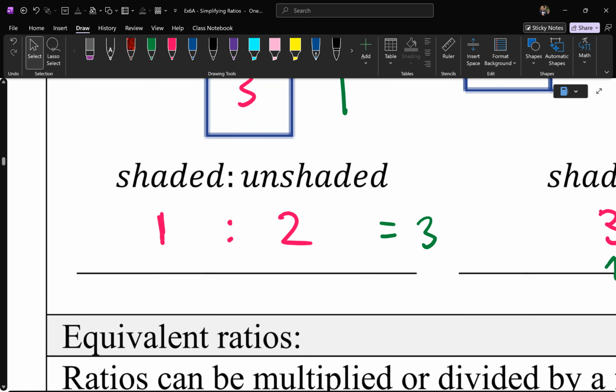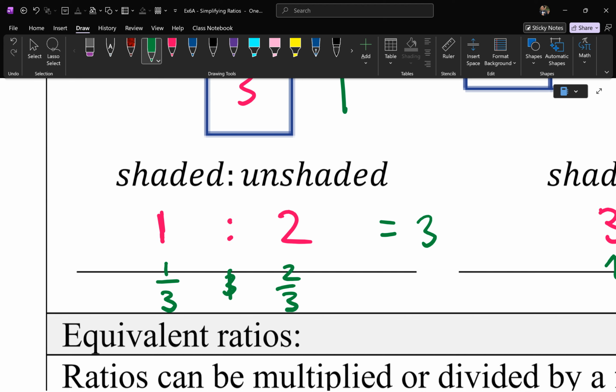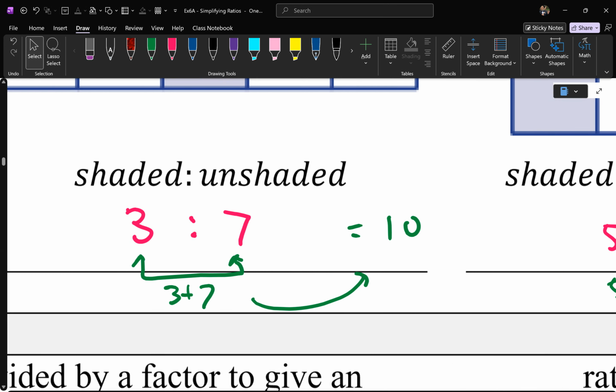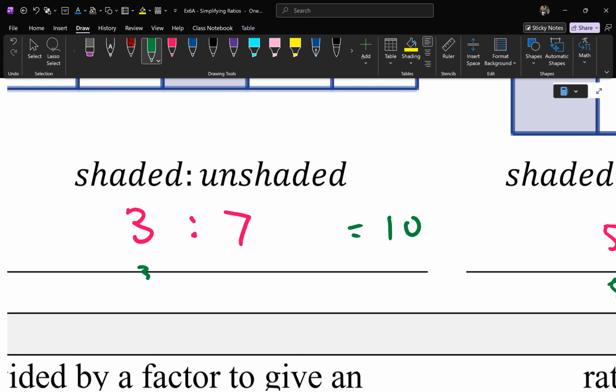So in essence, you're also saying a third of that block is shaded and 2/3 of that block is not shaded. Same thing with this one. This total block, when you say 3:7 ratio, what you're implicitly saying as well is that 3 out of 10 is shaded. So 30% of it is shaded. And then 7 out of 10, which is 70%, 70% of it is not shaded.